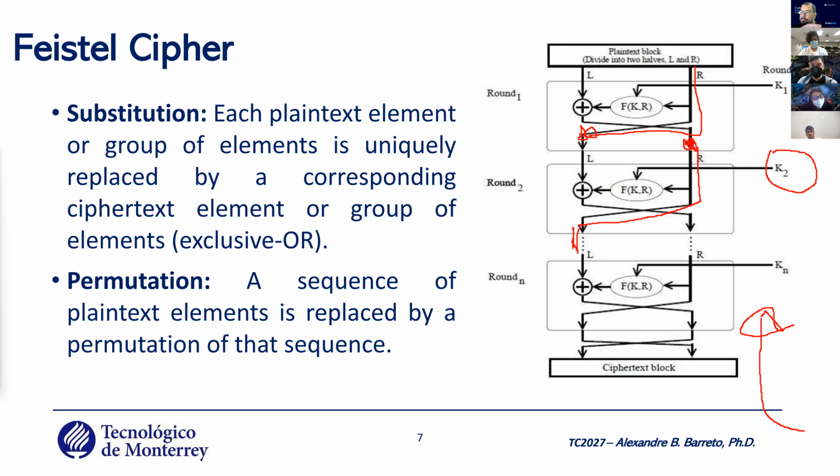You make the same operation. Remember the shift, okay? The shift is a reversible operation. You apply the same operation in the opposite direction, and at the end you have the plaintext. It's so fast, this model, and so efficient.